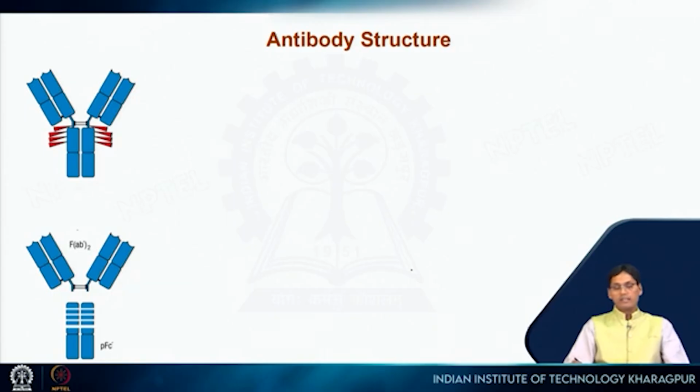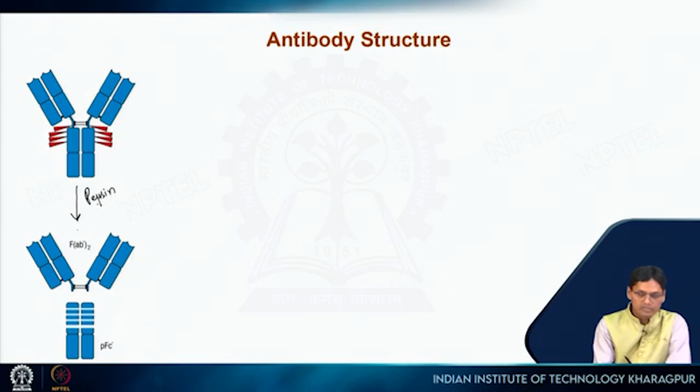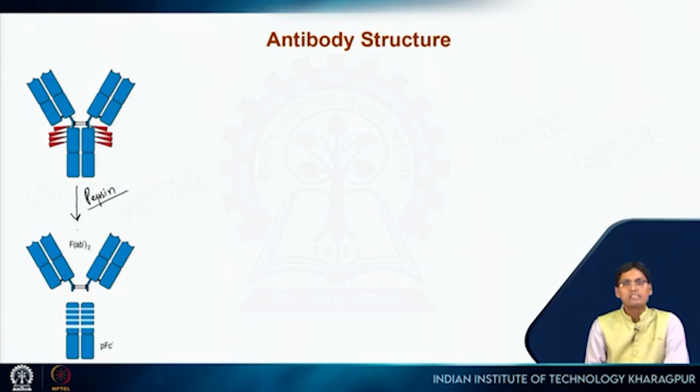Now, in the early days, scientists were trying to determine antibody structures and its different biophysical and biochemical properties. They found that when we treat this antibody with a proteolytic enzyme, pepsin, pepsin will digest this antibody at several places.